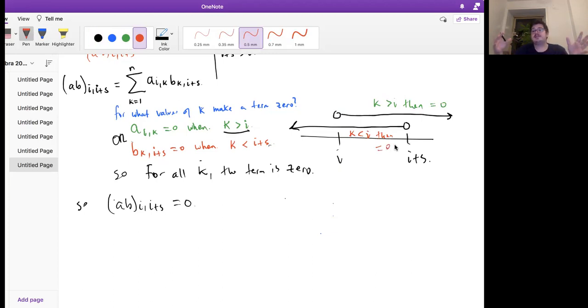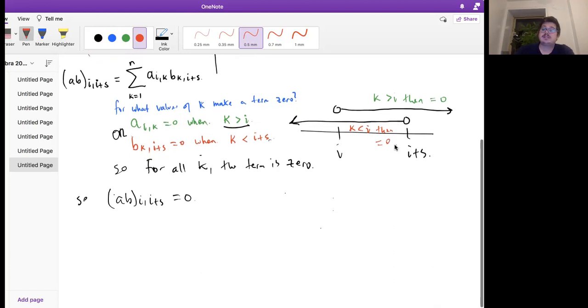If you put them together as an or statement, every single k would make the term 0. Okay, sorry, is that better now? So that means that AB is lower triangular.